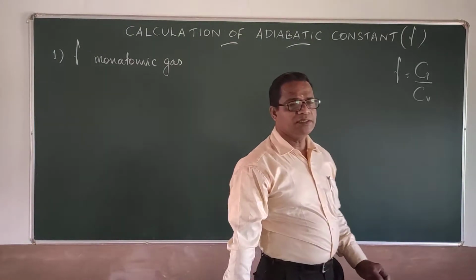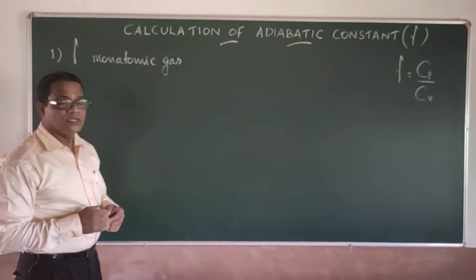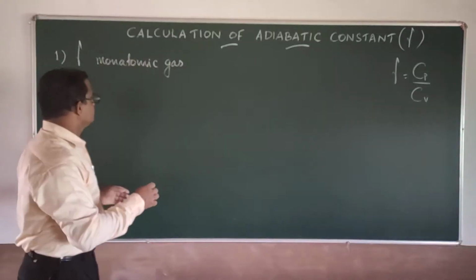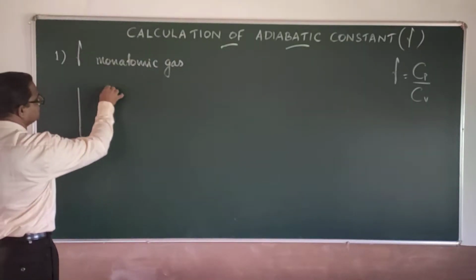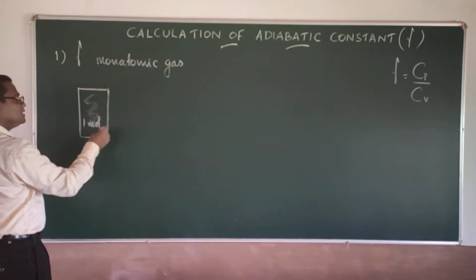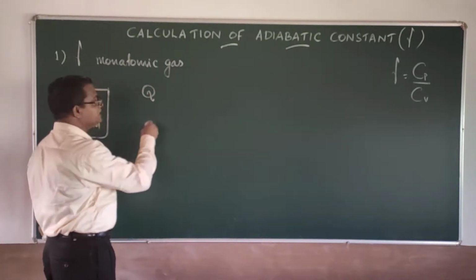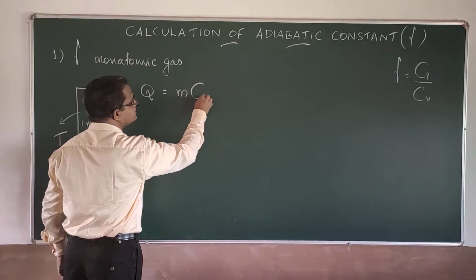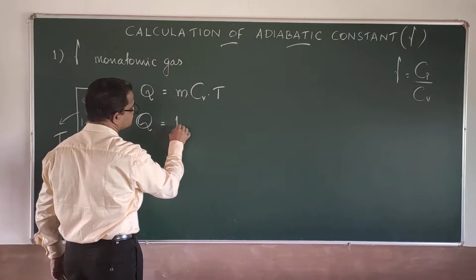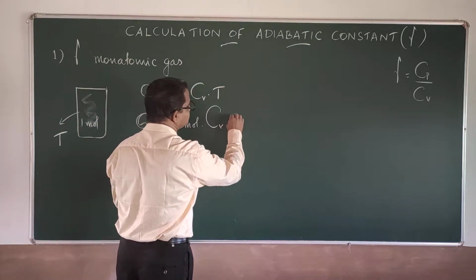Now, to calculate this, we consider 1 mole of monatomic gas taken in a constant volume cylinder and heated through a temperature T. So, the energy Q associated with that gas will be equal to M into Cv into T. That is, 1 mole into Cv, the molar specific heat, into the absolute temperature T.